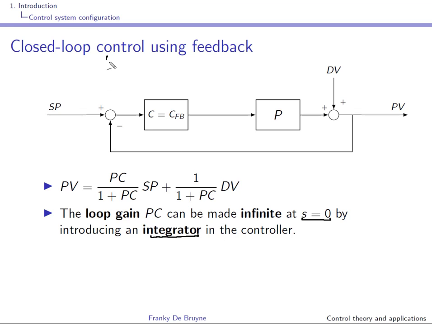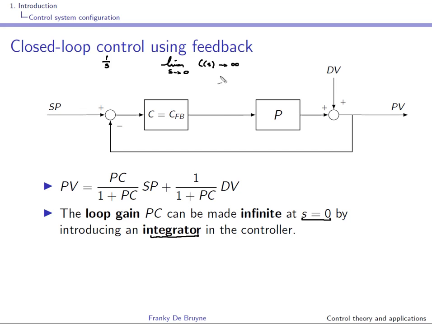Remember that the transfer function of the integrator is 1 over S. We'll review this, but this is something that we have seen in the course Signals and Systems. So if we put an integrator in the controller, what we'll have is that the limit when S tends to 0 of C of S will tend to infinity.